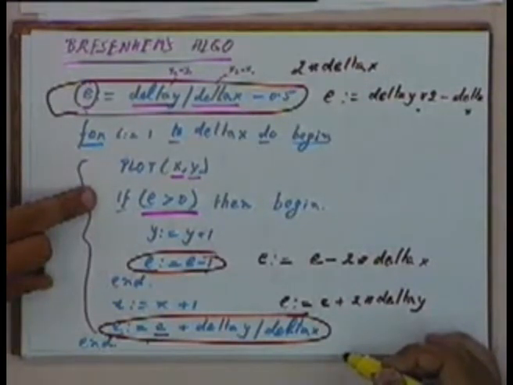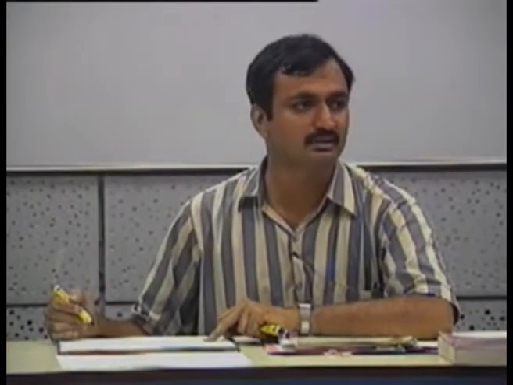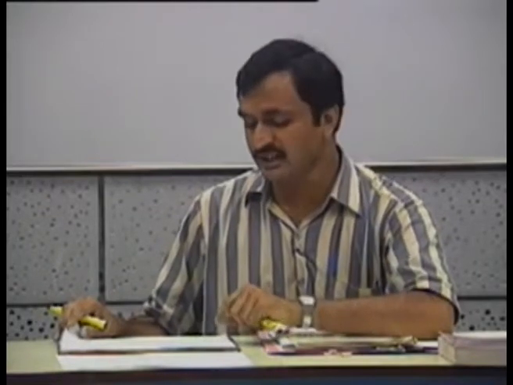There will be no real numbers and no divisions, which means the algorithm can be very easily implemented on hardware and the algorithm will be very fast, because integer numbers will take less memory, and integer addition and multiplication are easier to carry out. There are no divisions involved.